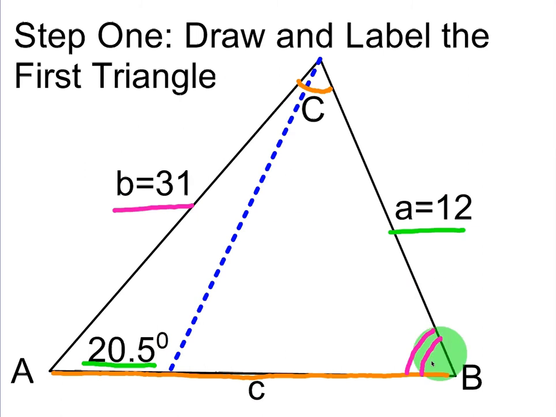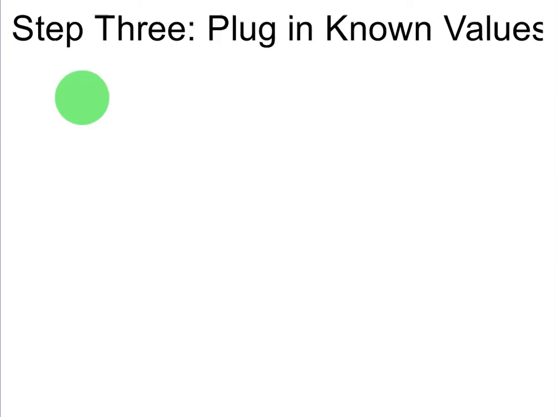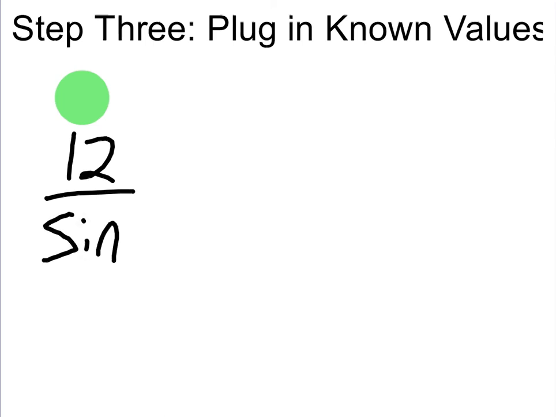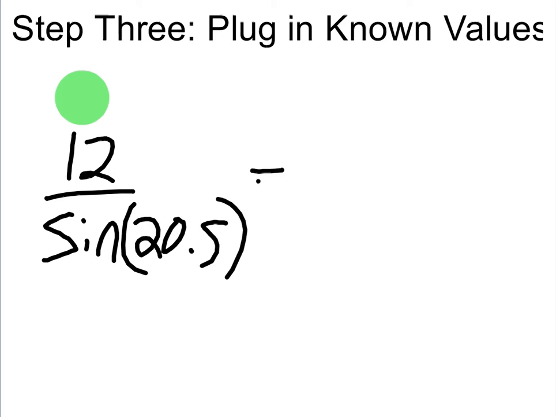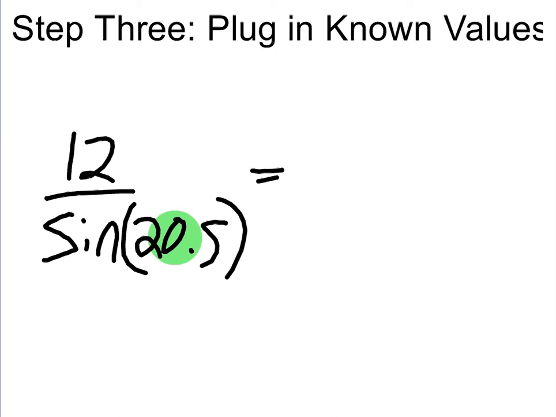So you can see that we will be solving for sine of big B. So we're going to have 12 over sine of 20.5 equals 31 over sine of big B.